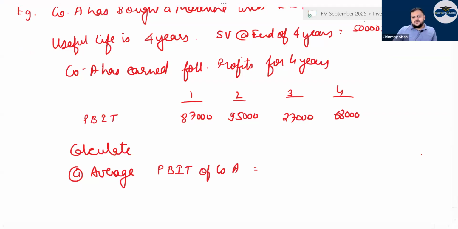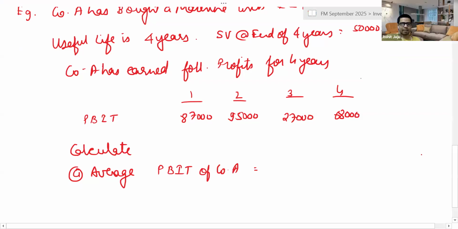एक minute before I go ahead, have a look. चलो average PBIT कैसे find out करोगे? There are 4 years. बोलो. Sum of all PBIT divided by 4 years. So add all of them, divide them by 4.